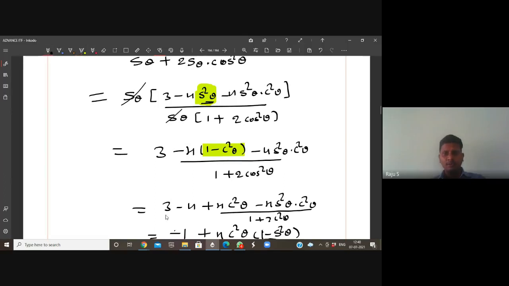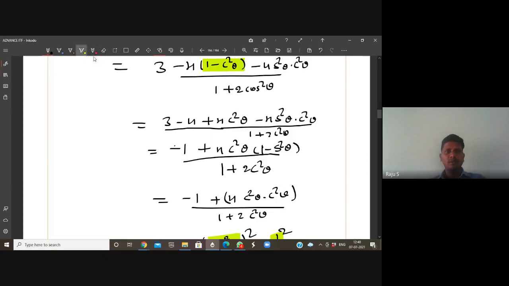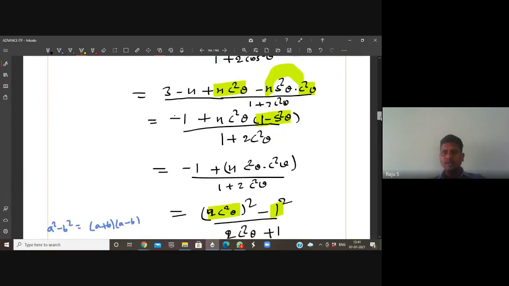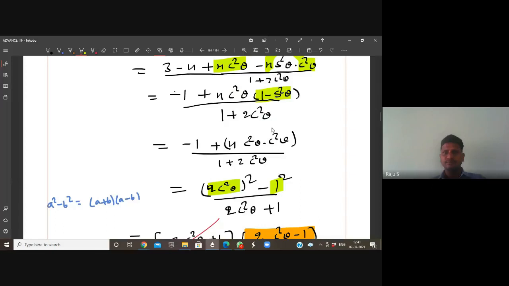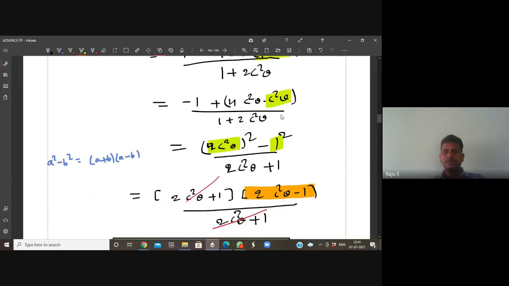When I multiply with minus 4, we get 3 minus 4 into 1 minus cos square theta, which gives plus 4 cos square theta. Again 4 cos square theta is common here. Take common: 1 minus sin square theta value is clearly cos square theta. Then 4 cos power 4 can be written as 2 cos square theta whole square.